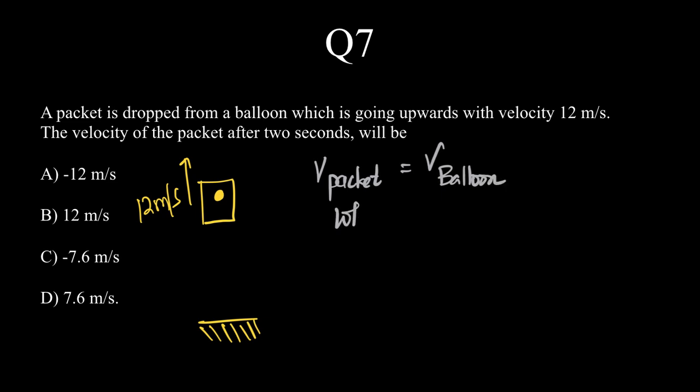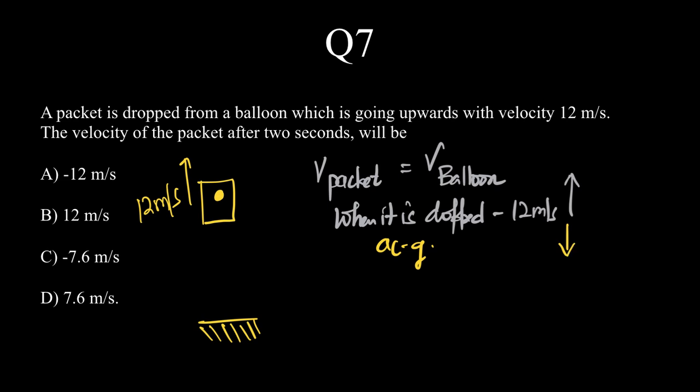So when it is dropped, it will have the velocity of the balloon, which is 12 meter per second, acting in the upward direction. Now, acceleration due to gravity here is acting in the downward direction, so we'll take g to be negative. When we use the equation v is equal to u plus at, u is the initial velocity.